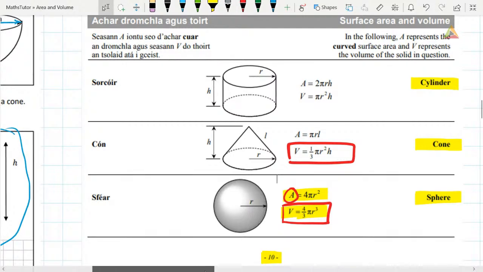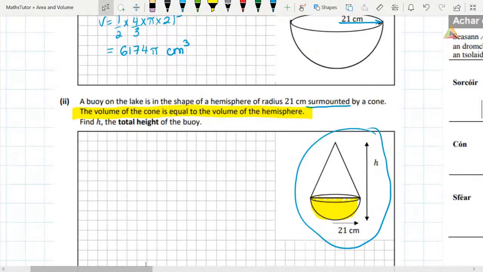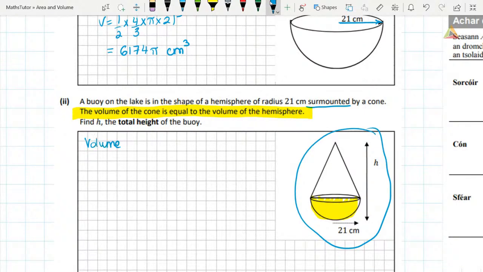And as always, I'm going to write out my formula first. So I'm going to say the volume of the cone is 1/3 pi r squared h. And I know that it's equal to my answer that I got up here, so I'm going to write that.